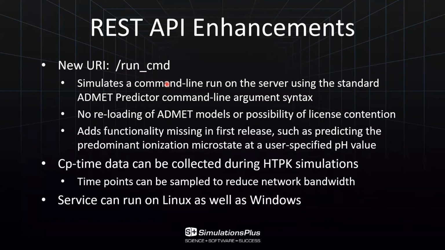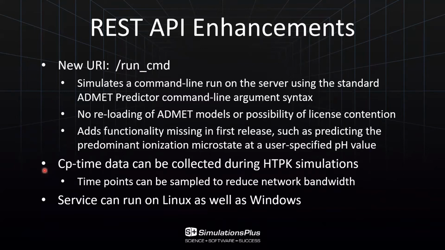But unlike a true command line run, there is no time-consuming reloading of ADMET models and no possibility of a license being unavailable. This adds functionality missing in the first release, such as predicting the predominant ionization microstate at a user-specified pH value.